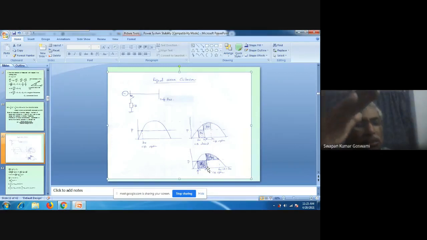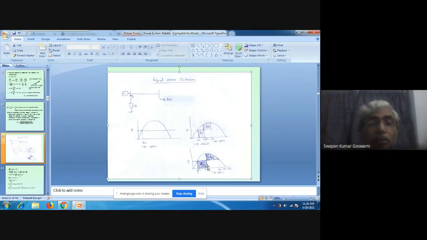We cannot insert more energy into the rotor of the generator. Then it will lose synchronism. Then it will not be able to restore the synchronous speed again. So this indicates the limit up to which we can delay the opening of the circuit breaker, or delay clearing the fault from the system.